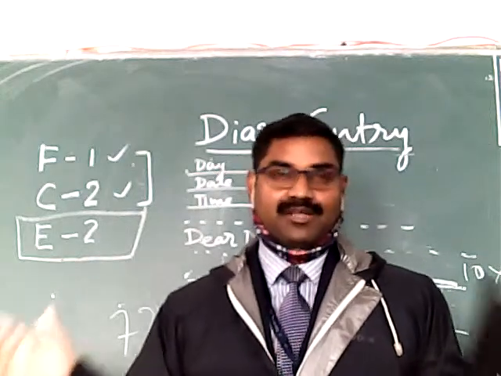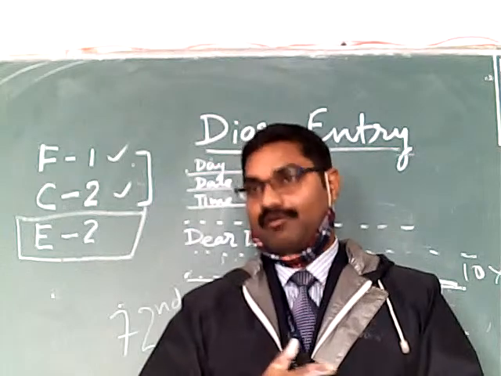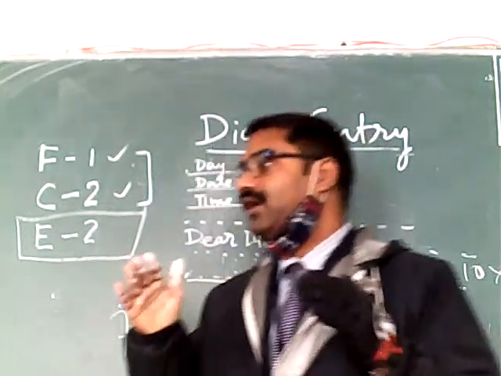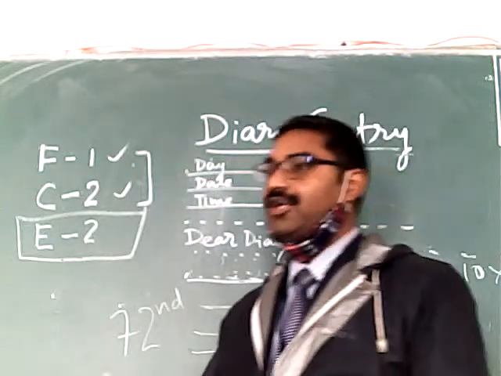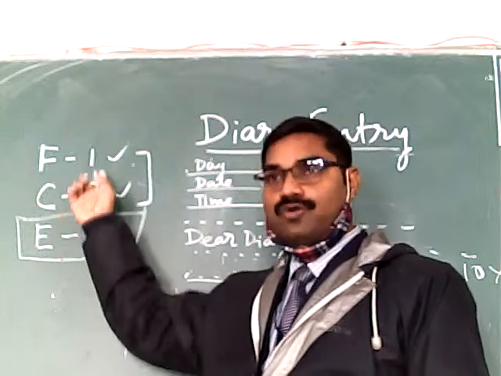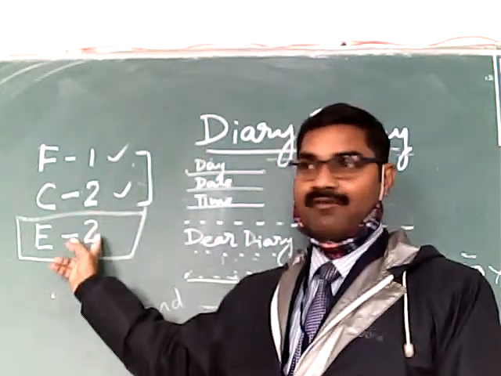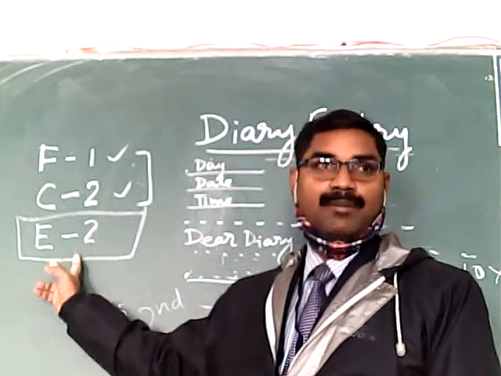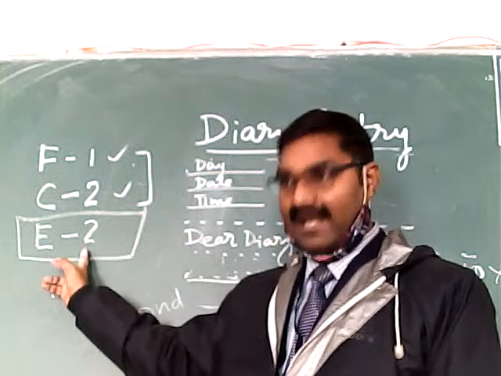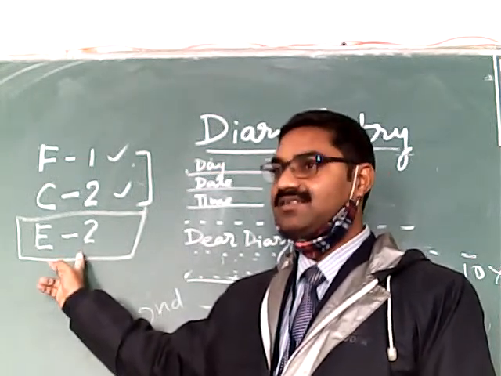Apart from this, the most important thing is your use of tense. Be careful. If you are simple, there will be fewer errors. I cannot guarantee that you will not make any error, but be careful, because you have to score 5 out of 5. If you want to score 5 out of 5, your expression should be very clear, clean, and errorless. That can happen only when you are making easy sentences.